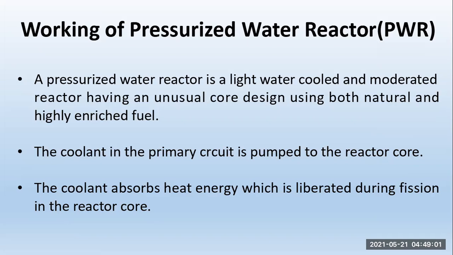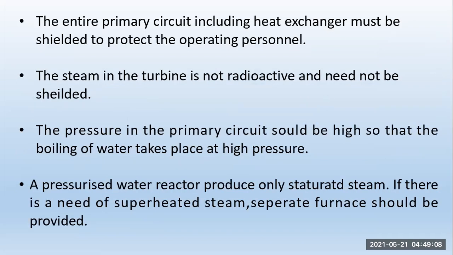The coolant absorbs heat energy liberated during fission in the reactor core. The entire primary circuit, including the heat exchanger, must be shielded to protect the operating personnel. The steam in the turbine is not radioactive and need not be shielded.